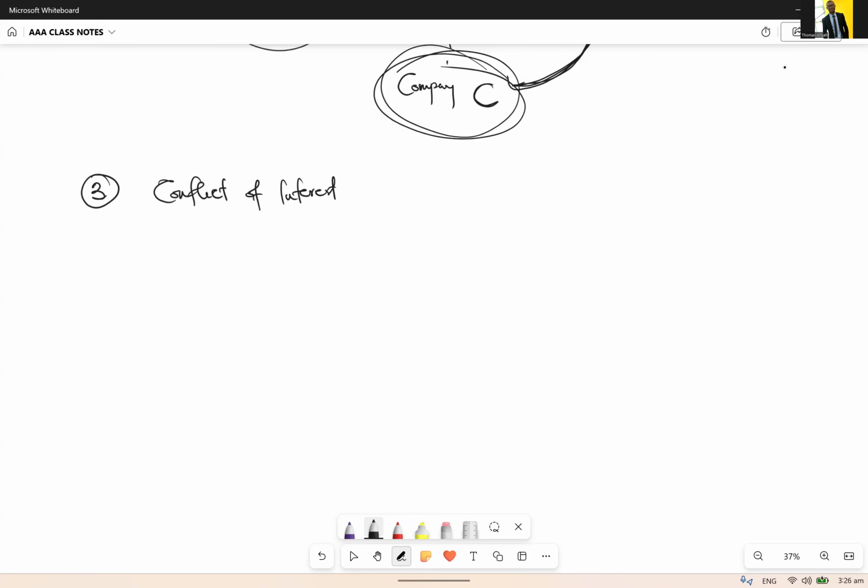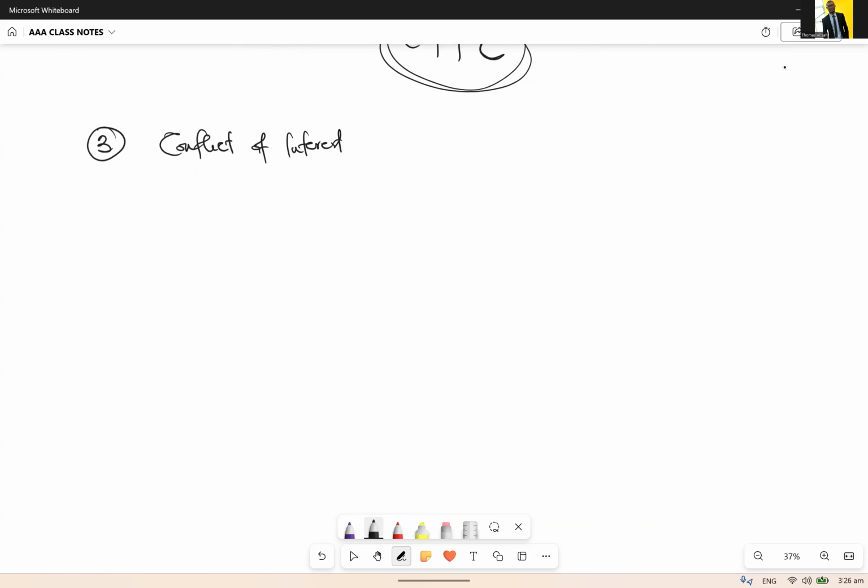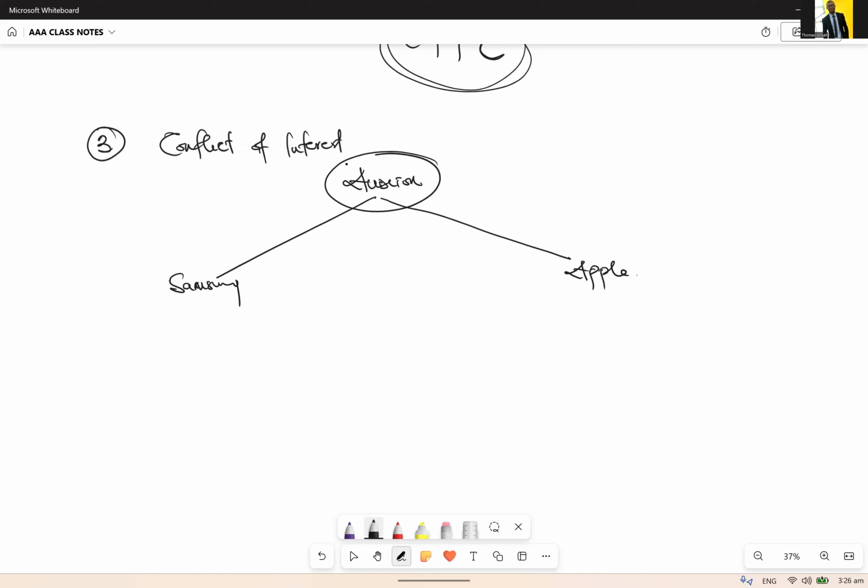Conflict of interest is widely used in situations whereby the auditor is found to be auditing two competitors. So let's use Samsung and Apple. You are both their auditors.